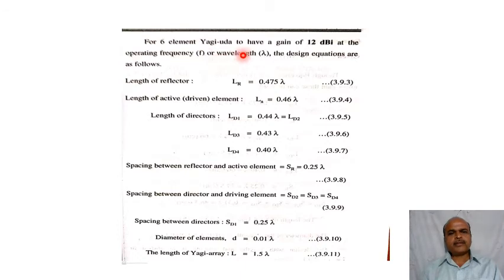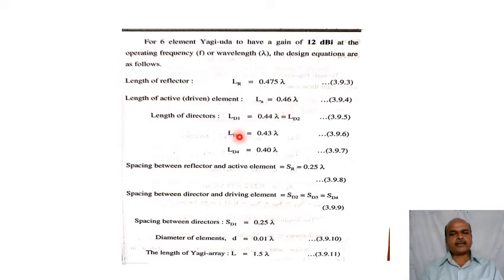For a 6-element Yagi-Uda antenna to have a gain of 12 dB at operating frequency f or wavelength lambda, the design equations are as follows. Keep in mind these design equations. If in an exam any problem is asked, design a 6-element Yagi-Uda antenna, then only these equations we have to recall and put in the values. Length of reflector LR is 0.475 lambda. Length of active driven element is 0.46 lambda.